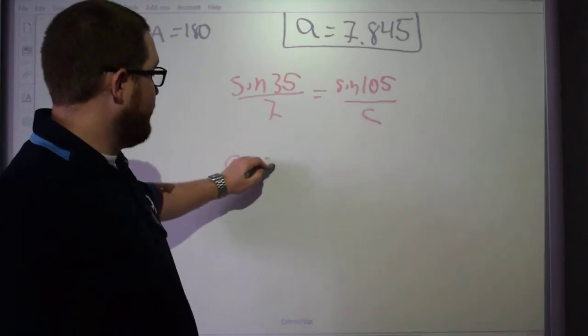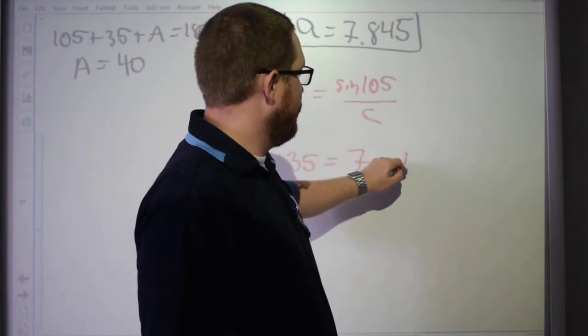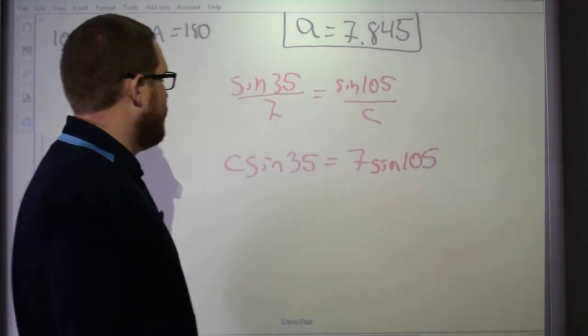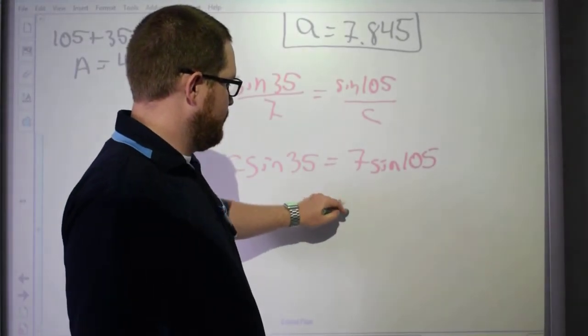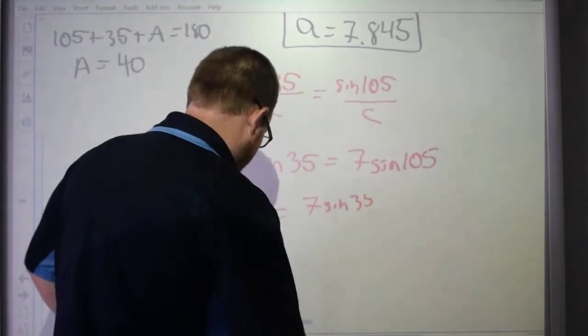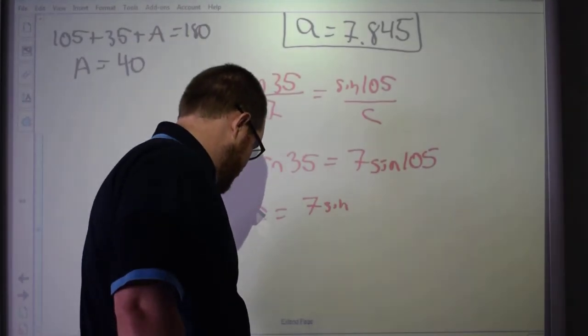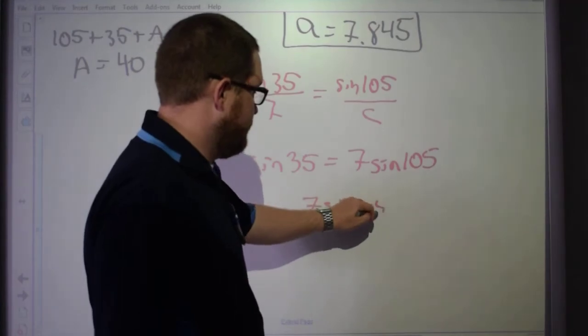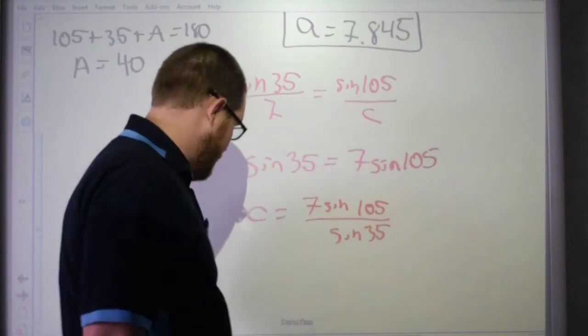C sine 35 equals 7 sine 105. I'm solving for C, so I'll divide it over. I'm sorry, I wrote that wrong. C equals 7 sine 105 over sine 35. I'll do that in the calculator.